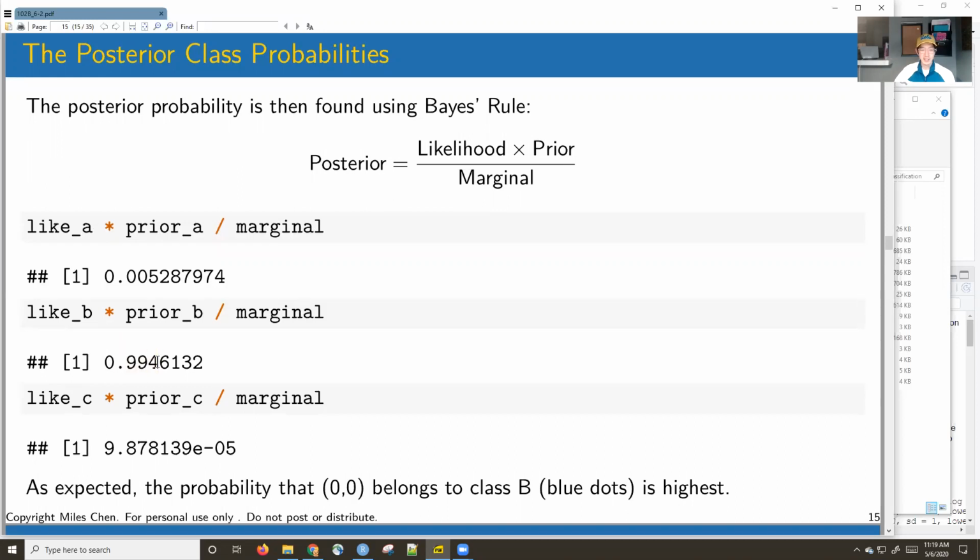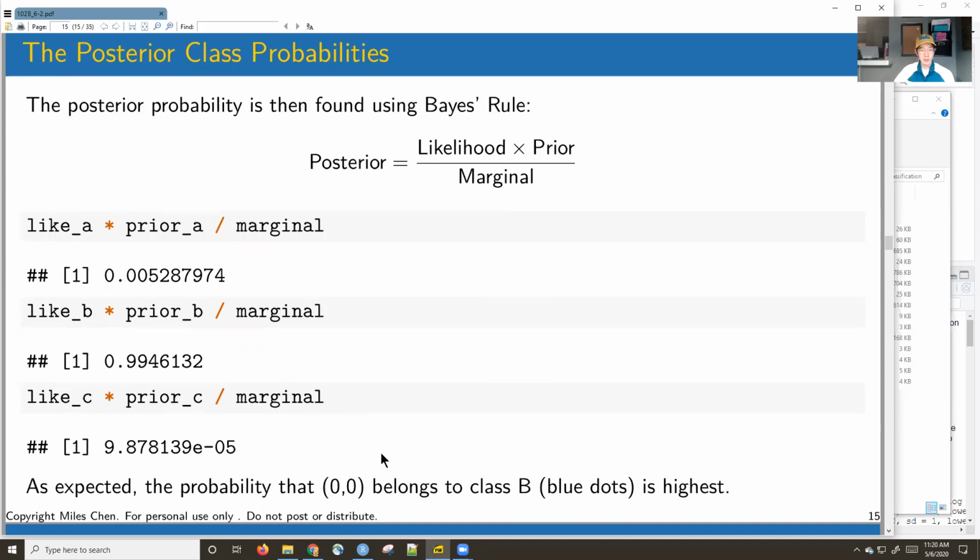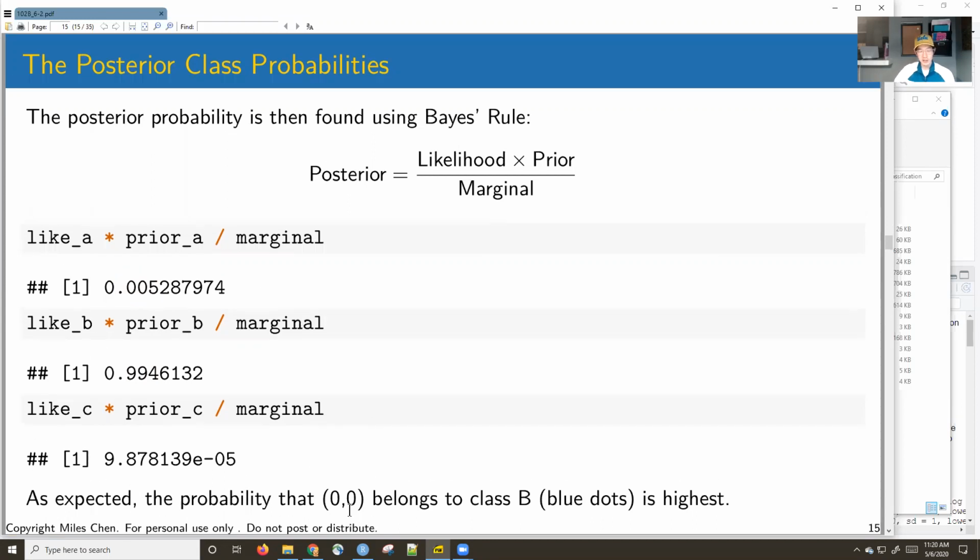So around 99.5% for B and about 1/2 of 1% for A. As we expected, the probability that 0 belongs to class B, the blue dots, is the highest. And that's how we go about calculating the probabilities that it belongs to each class using the Bayes classifier.